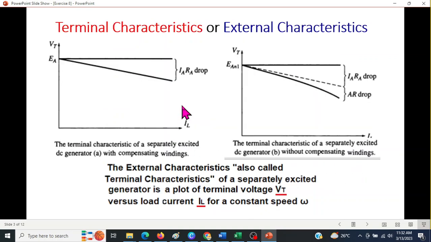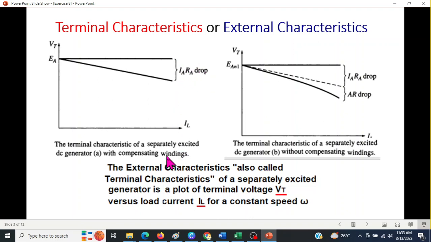There is another type of characteristic that we'll be talking about, that is called the terminal characteristics or external characteristics. It is the plot between the terminal voltage Vt and the load current. So you can see this is the ideal scenario, but there will be some drop because of the IA-RA drop.